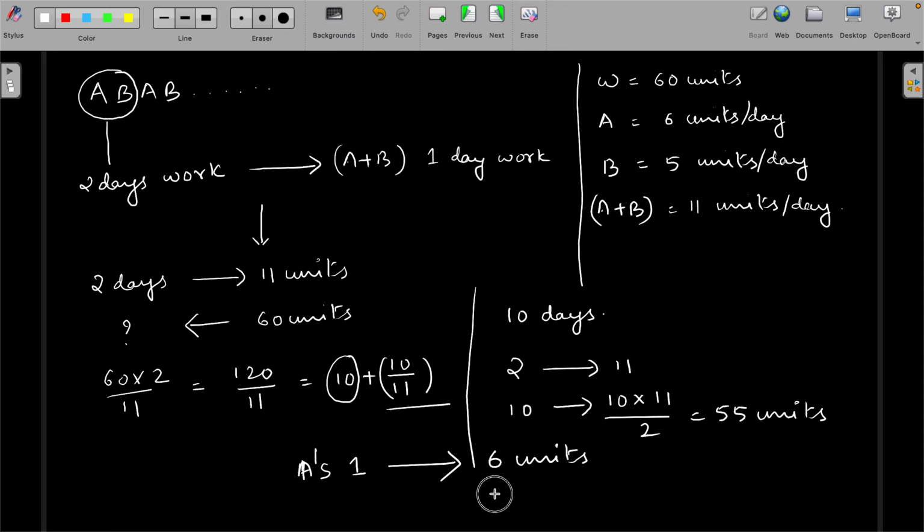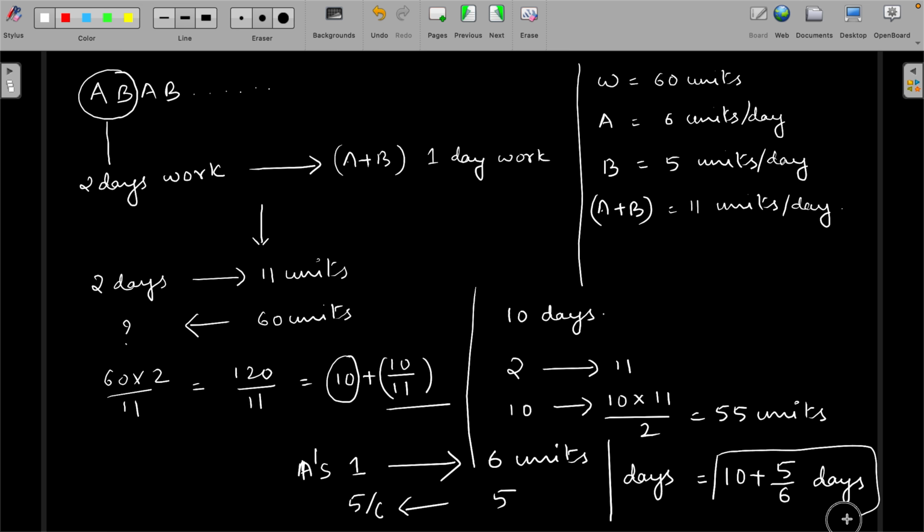So to complete the remaining 5 units, how much time will A take? It will be 5 by 6. So the total number of days required will be 10 plus 5 by 6 days. This is the number of days it will take to complete the work if they work together alternatively starting with A.